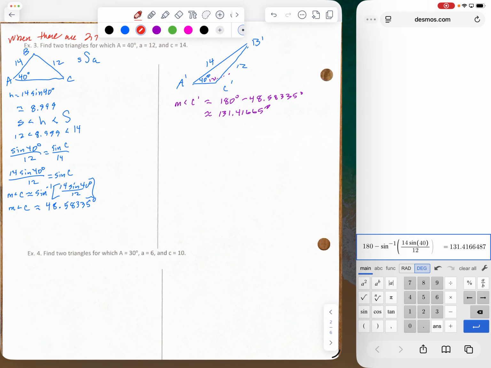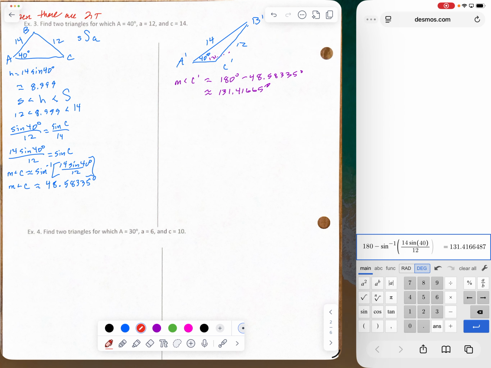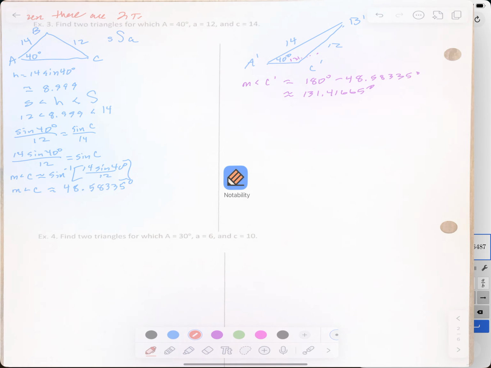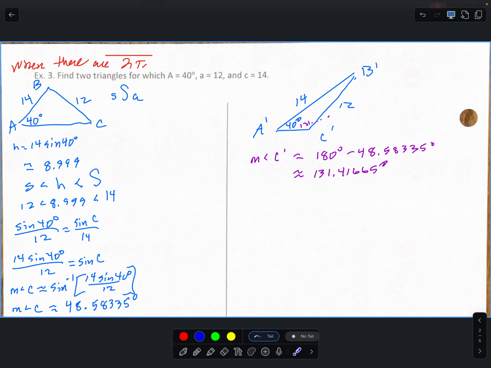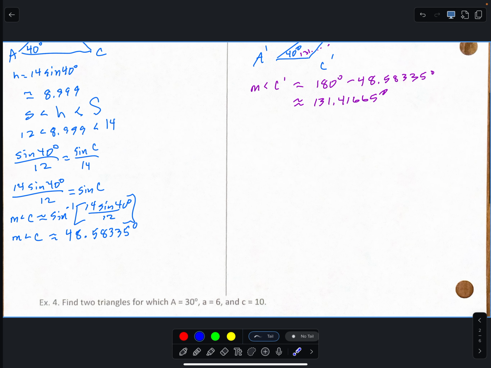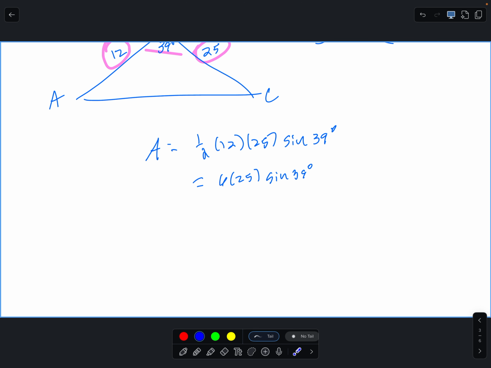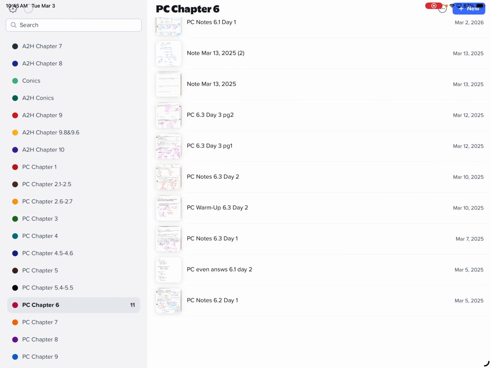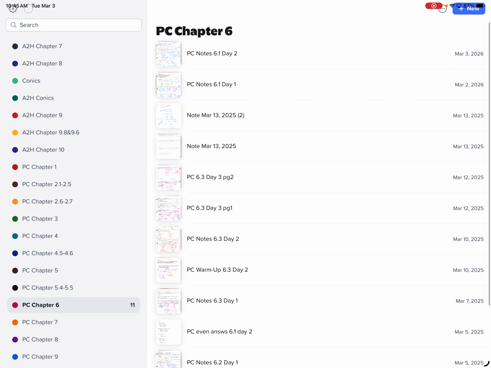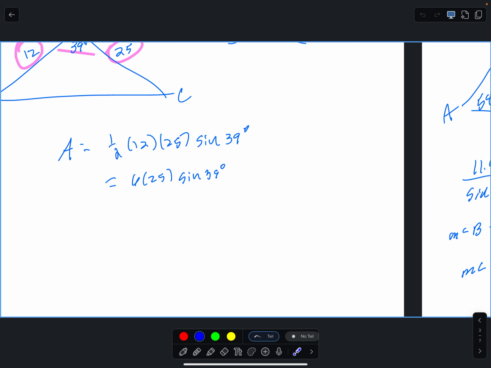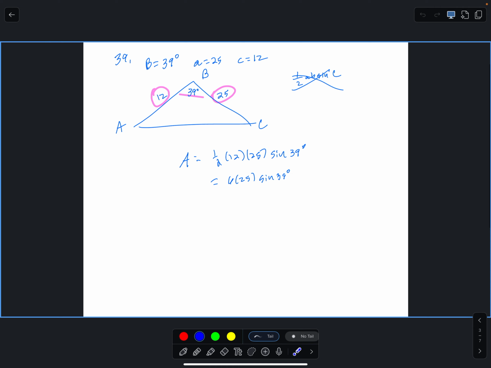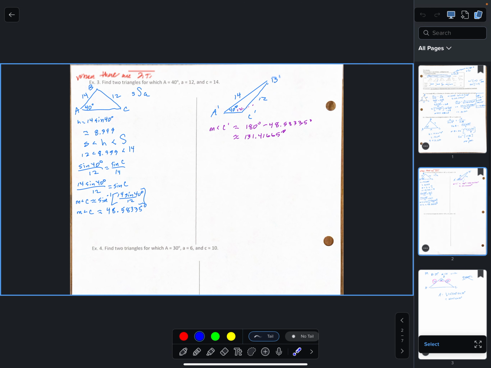And so then b becomes 12 times the sine of 91.41665 all over the sine of 40 degrees. It's just repetitive, and there's just a lot of numbers to calculate out. And so for little b, that's all we need it for, so it's 18.663. And there are no units.